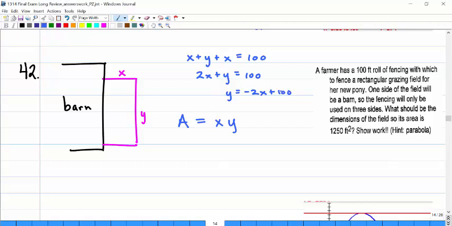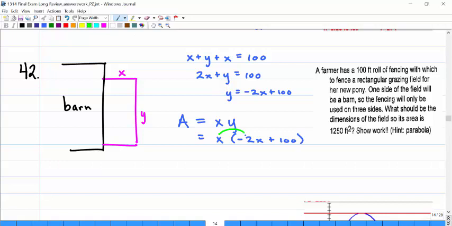Now I want to look at the area, and I want the area to equal 1,250 square feet. Well, the area of this inside here is going to be x times y, because that's a rectangle. And what was our y equal to? Negative 2x plus 100. So I have x times negative 2x plus 100.